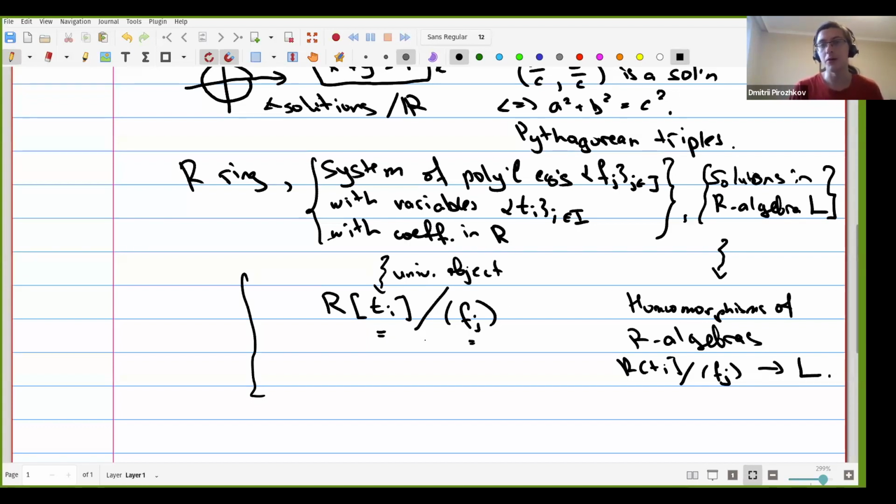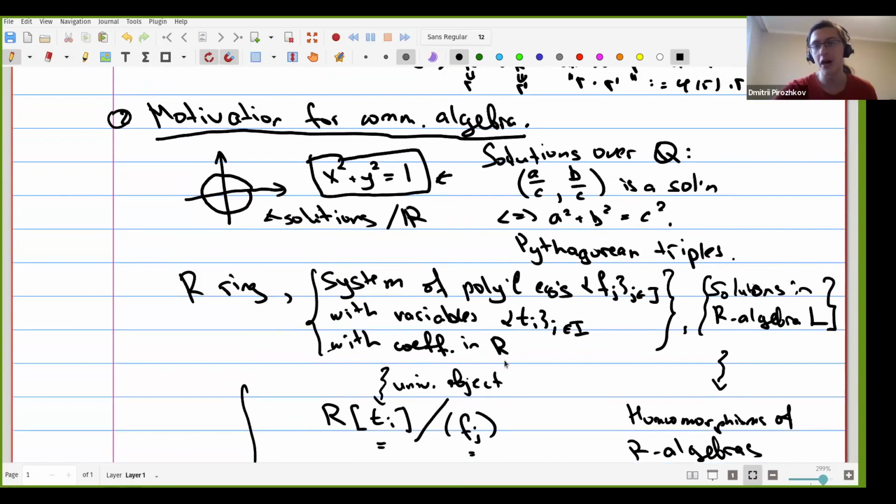You can just study some kind of R algebra here, and then just look at homomorphisms of R algebras from your R algebra to arbitrary given algebra L. And on the one hand, this describes exactly what happens when you say you want to study solutions of systems of polynomial equations, assuming that you want solutions not only in the ring R itself, but also in some other rings, like in the example that I had above, where we had an equation with integer coefficients, but we looked at solutions in rational numbers or solutions in real numbers.